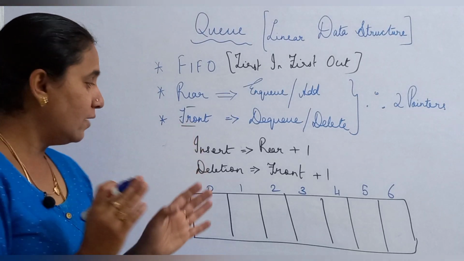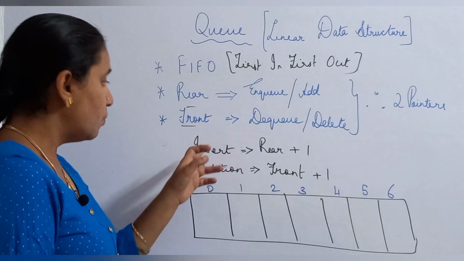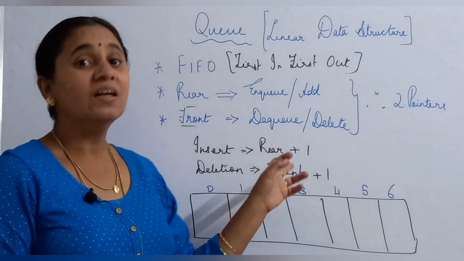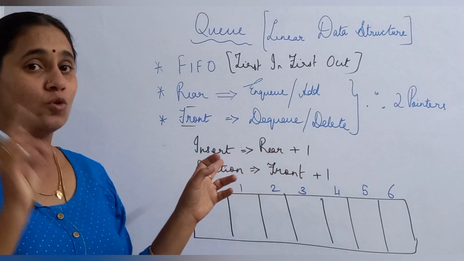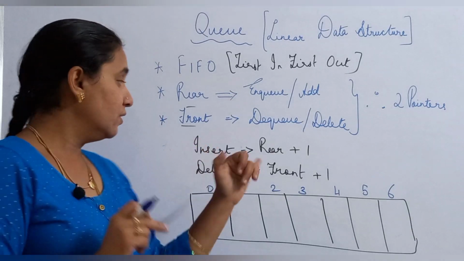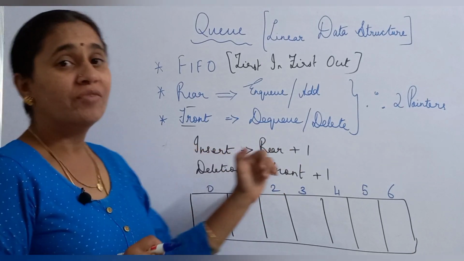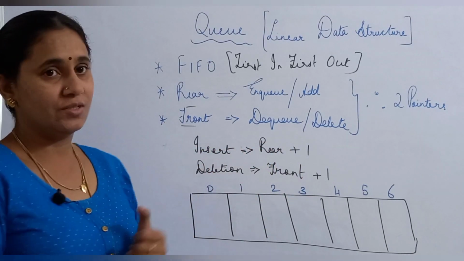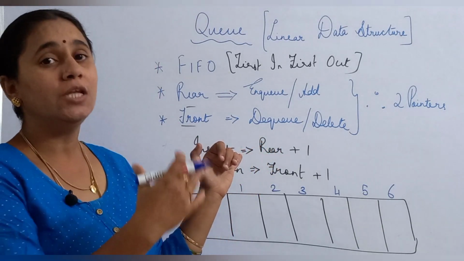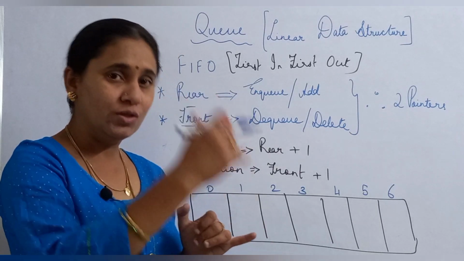In the same way, here we are going to use two pointers. The rear pointer is used for insertion and the front pointer is used for deletion. Suppose I want to insert an element in an empty queue, I increment the rear pointer and then insert.